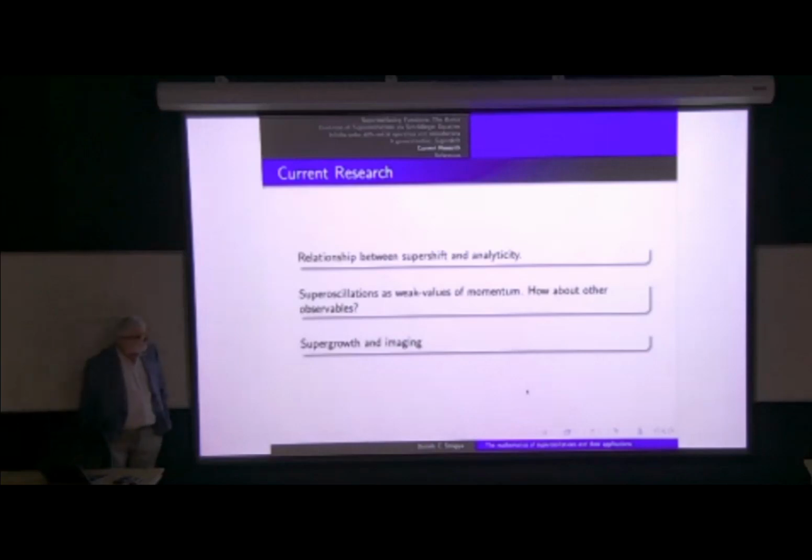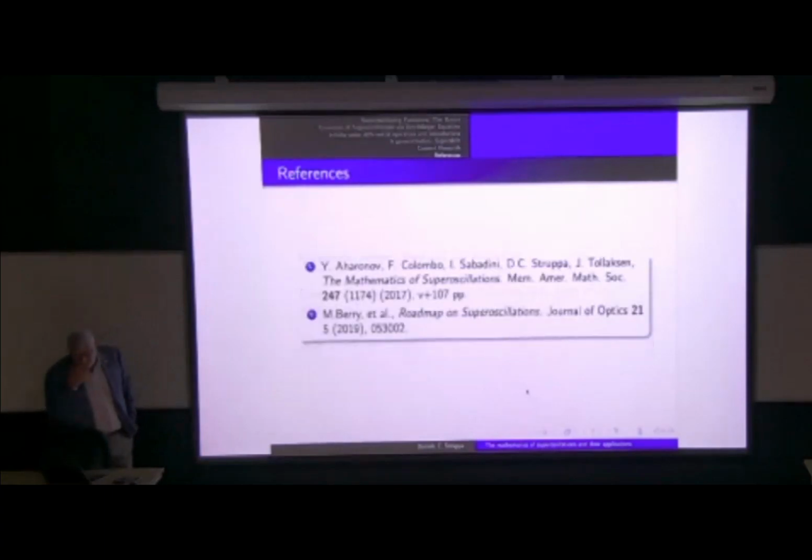I want to give a few references and make a couple of comments on each one of them. So most of the mathematical aspects, at least until 2017, are in this memoir of the American Mathematical Society, in which we present the problem and we analyze several different cases of different potentials. We also study some interesting variations.